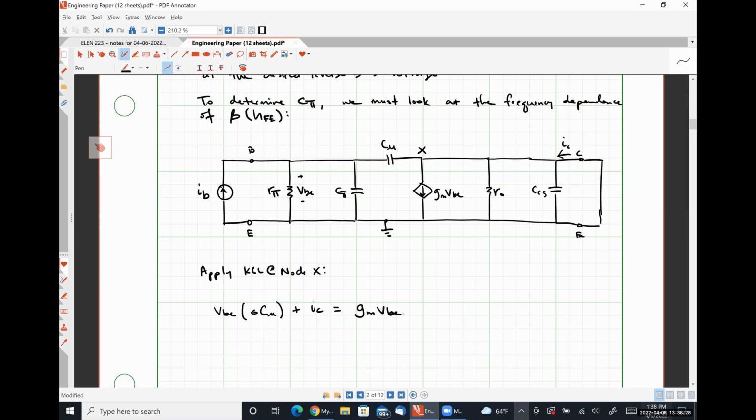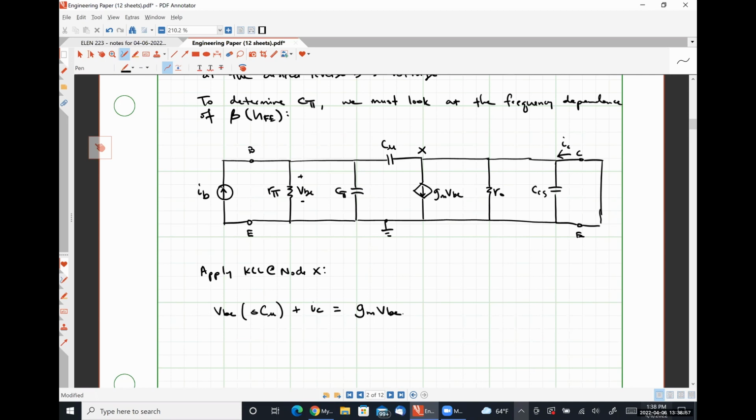Really, S is sigma plus J omega because there's a real part to the complex frequency, which you guys should all know about at this point. But we're going to be doing a lot of analysis in the Laplace domain. I guess I should have prefaced things by that. So that's how we're going to handle impedances: Laplace domain, where S is our natural frequency in the Laplace domain.